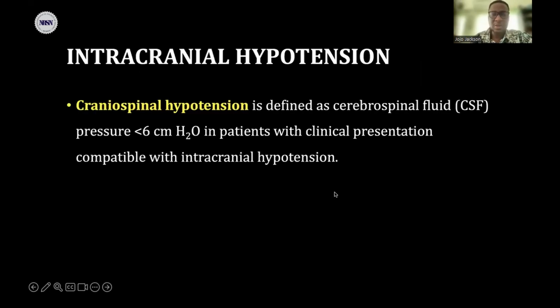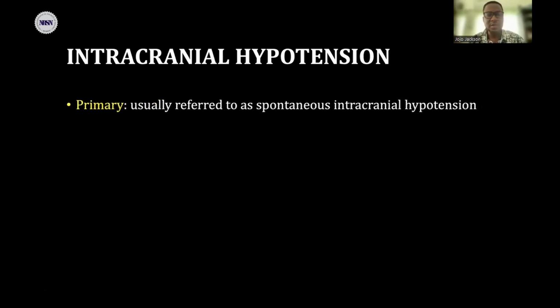This brings us to our topic for discussion this evening, where we look at intracranial hypotension, which goes by so many other names, such as low intracranial pressure syndrome, low pressure headache, CSF hypovolemia syndrome. And this is when the CSF pressure is less than 6 centimeters, and the patient has a positive clinical presentation of intracranial hypotension.